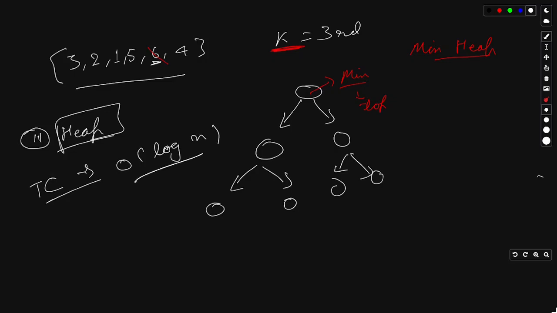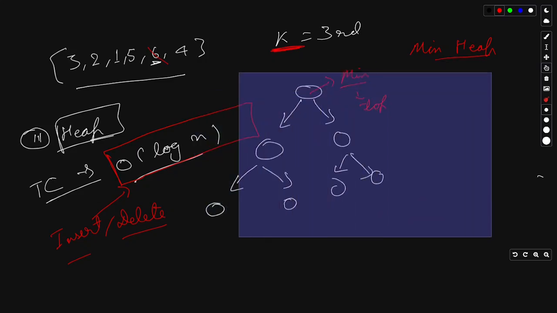If we want to delete a certain element, the time complexity to insert or delete anything within a heap will take O of log n time, which is obviously smaller than n. So we can use a heap data structure here, and through that we can solve our problem easily.